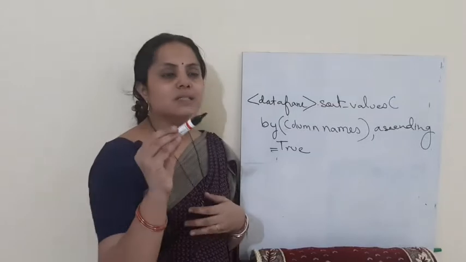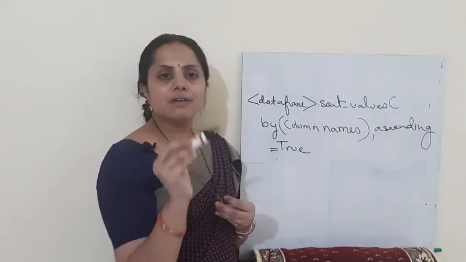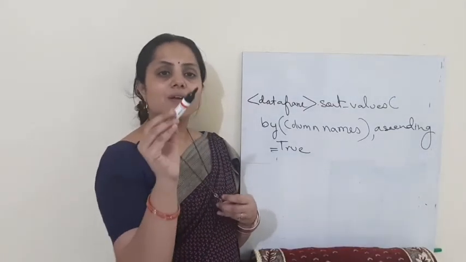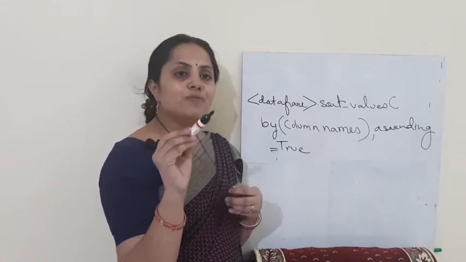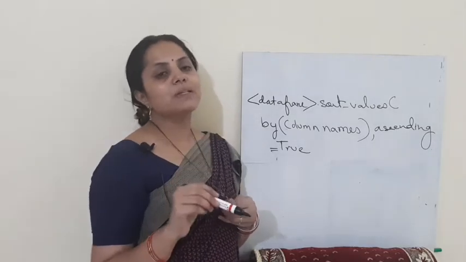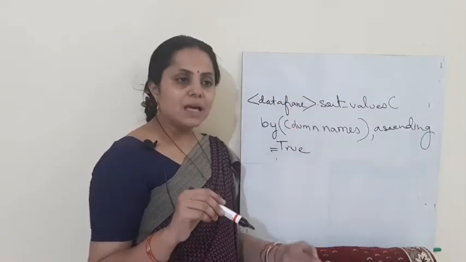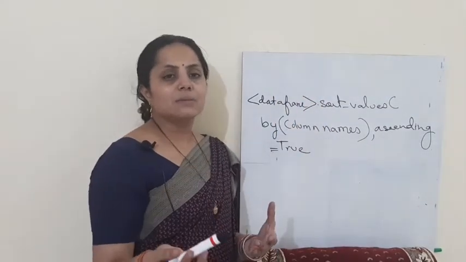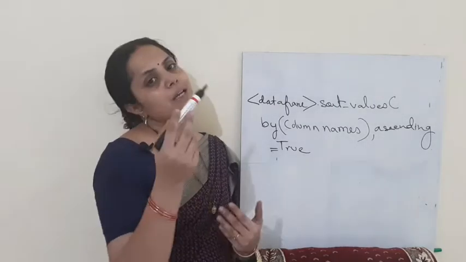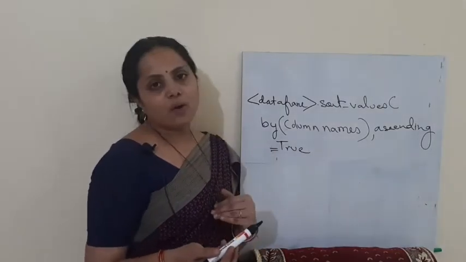If I write country, comma, city, then first the sorting will be done according to the countries, and inside each country the cities that fall will again be sorted in ascending order.